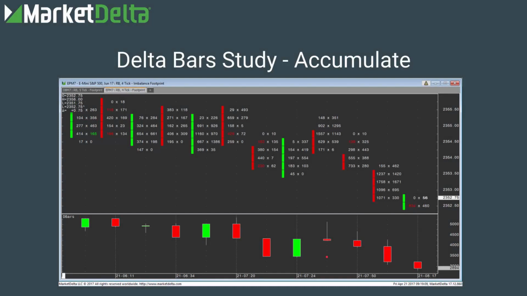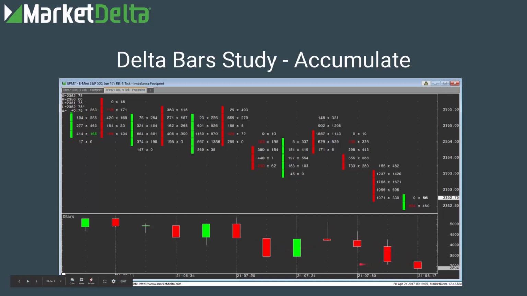Okay, so this is the same study that we just looked at, the delta bar study, except there's a little checkbox I'll show you. You check it to accumulate. So what it does is it builds a cumulative delta. So this is basically your candlesticks of cumulative delta. It just keeps adding the delta of all the bars for the session, and shows you a cumulative delta.